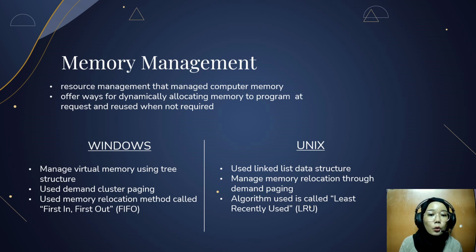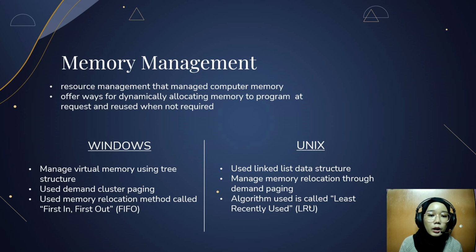Other than that, Windows uses clustered demand paging, which means that pages are only allocated to memory when they are needed. Instead of bringing in parts of a page one at a time, Windows will load a complete page into memory at once. Windows uses a memory replacement method called first in first out, where the oldest or the first entry is processed first.